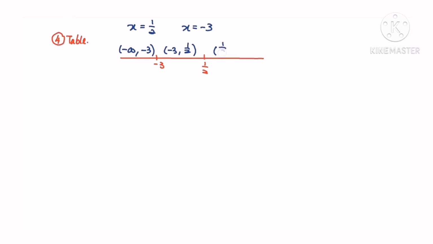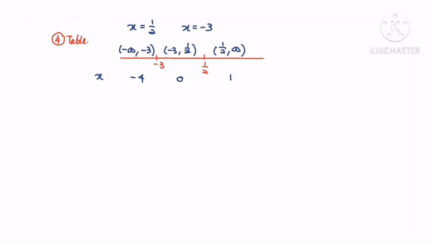Finally, we have 1 over 2 to infinity, where 1 over 2 is not included. Next, we will have a suggested value for x. For the interval negative infinity to negative 3, the suggested value will be negative 4, followed by 0 and then 1.